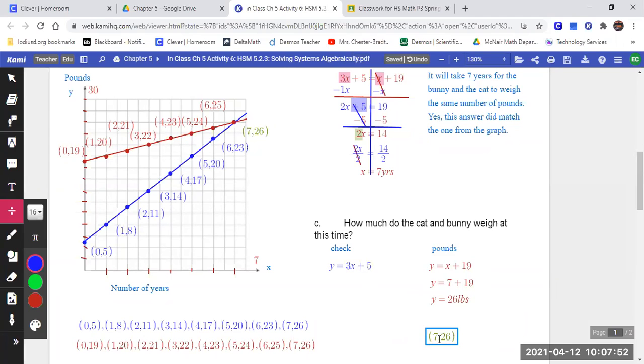So now we're going to check that this 7, 26 works for the bunny also. So we're going to put the 26 for the y has to equal 3 times the 7 plus the 5 more. Okay, so we have to check that that 7, 26 worked out for both. Do we understand?